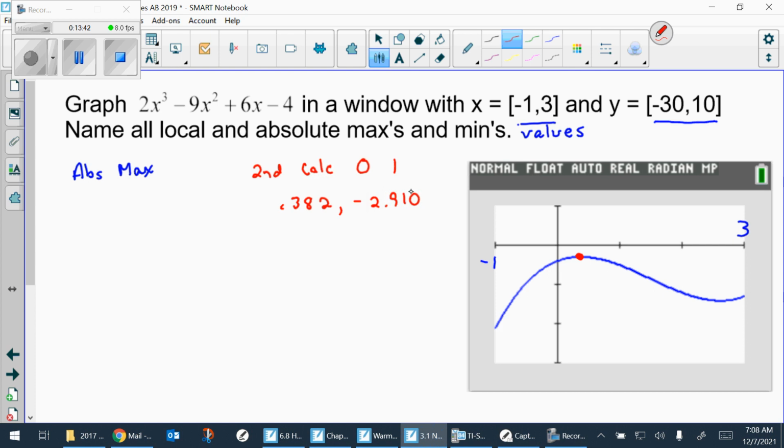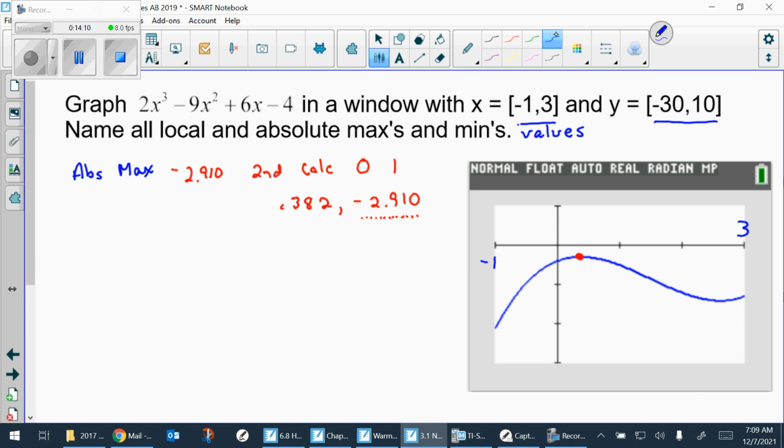So if I'm looking for the absolute maximum value, I think that refers to this y value. And so that would be -2.910. Now, one other thing. That's also the top of a hill inside of the interval.